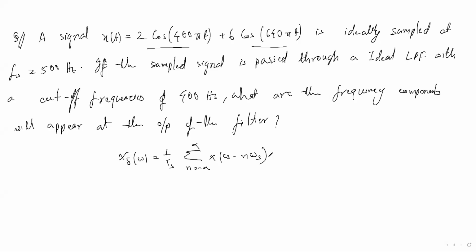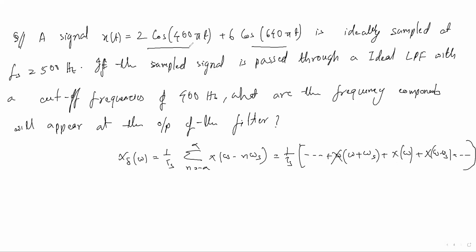So this is the frequency component present in the sampled signal. What are the frequencies? We write it out: X of omega plus X of omega minus omega s. Okay.